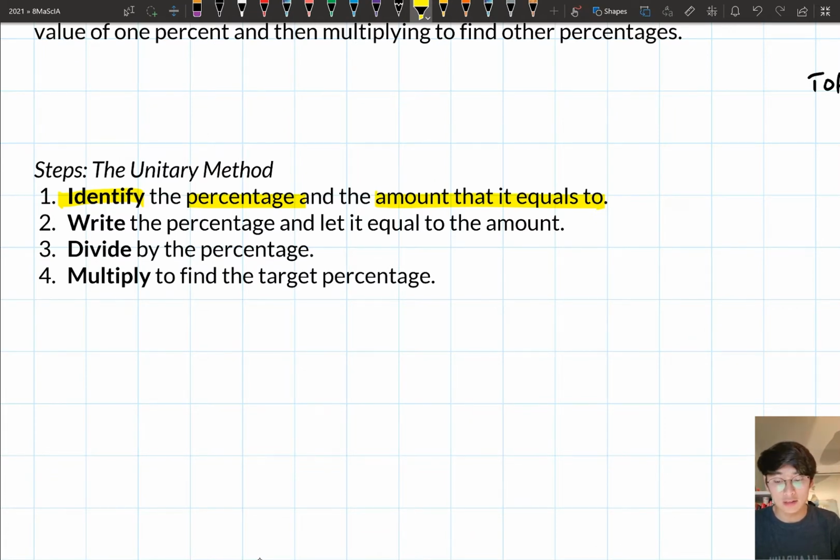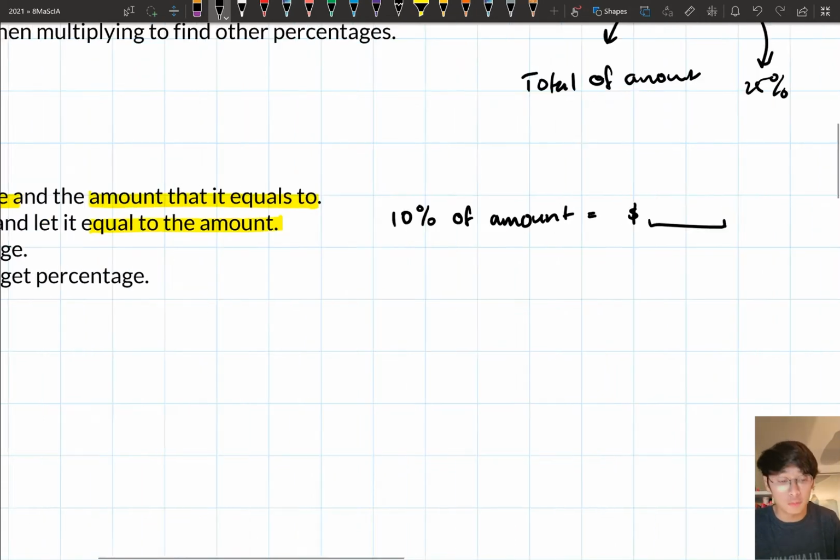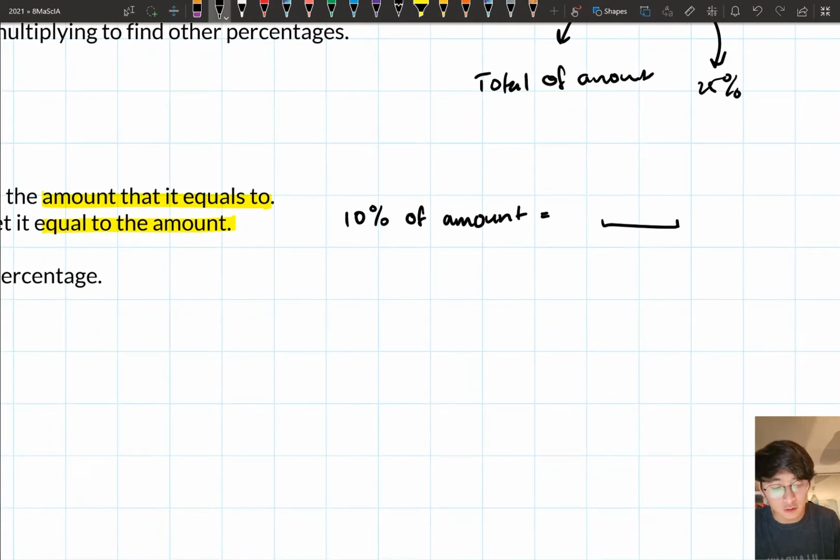Then the second step is to write the percentage and let it equal the amount. So for example, let's say you have 10% of an amount, so I would write 10% of amount is equal to a dollar amount, or it could be kilograms or whatever you're looking at. And so just writing that down.